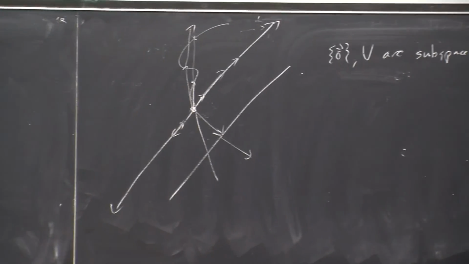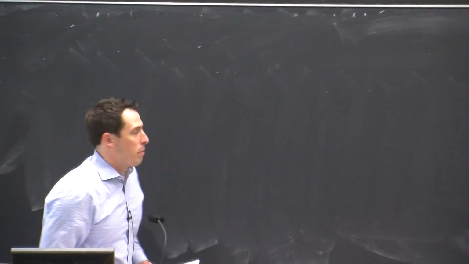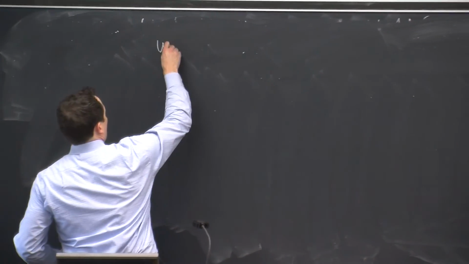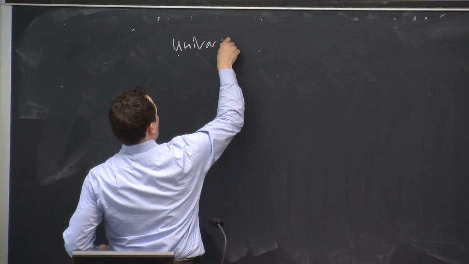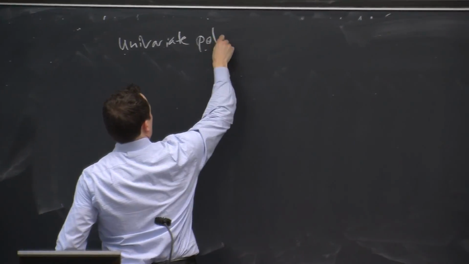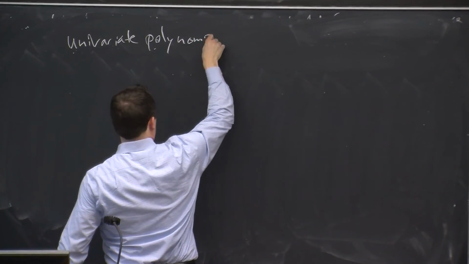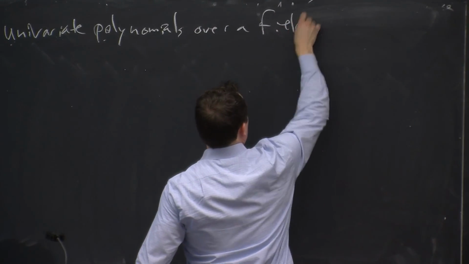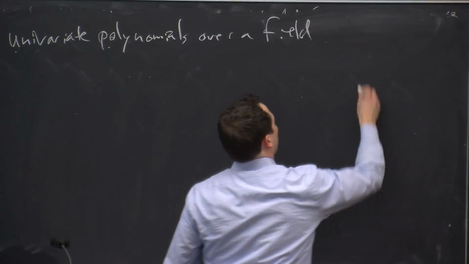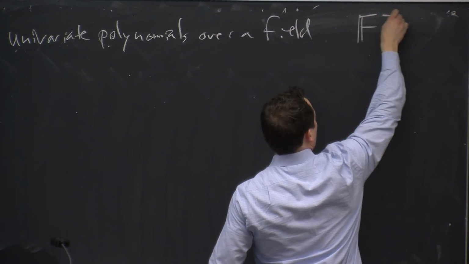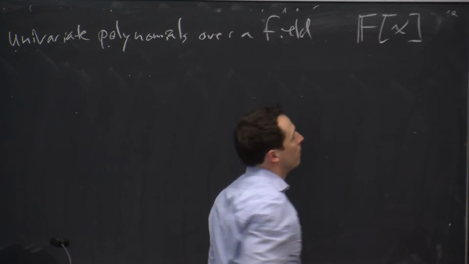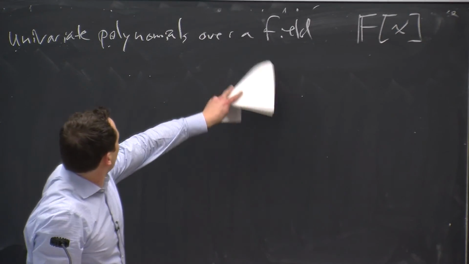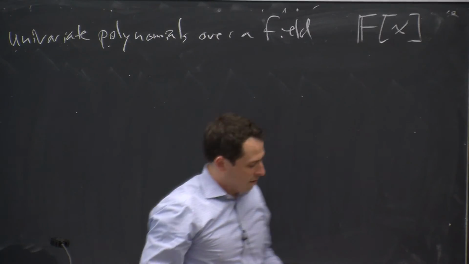So we talked about the vector space of univariate polynomials over a field. I'm going to call that space F[x]. It's just notation for the space of univariate polynomials over the field.